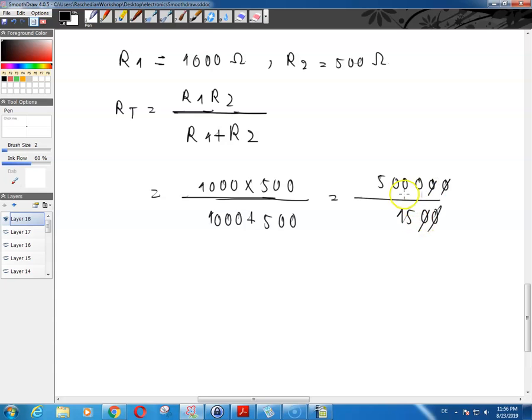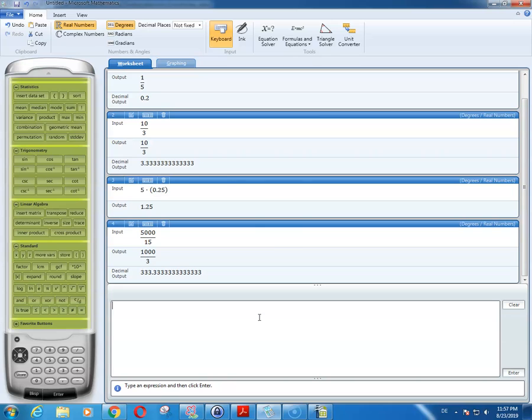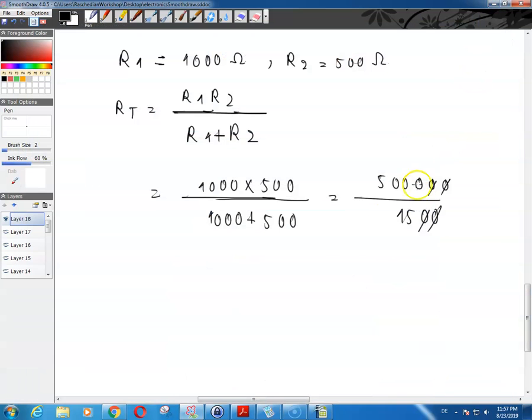Cancel these two zeros out, and then you would have to divide 5000 by 15, which gives you 1000 thirds, or 333.3 ohms. Or you can say approximately 333 ohms.